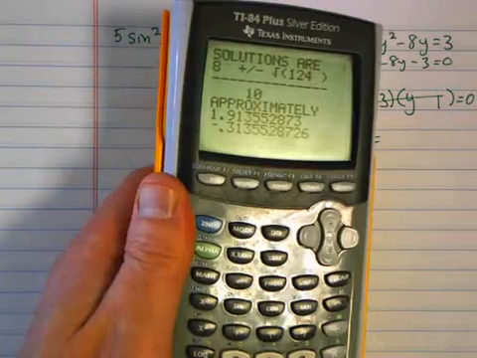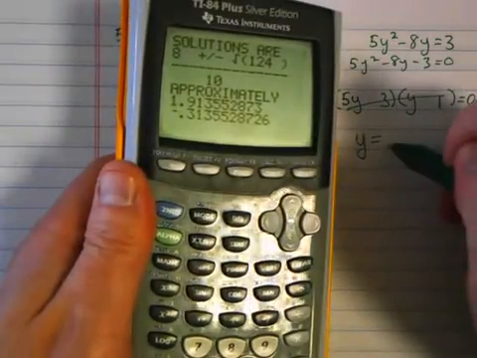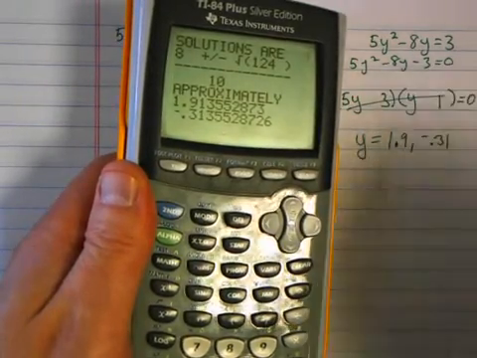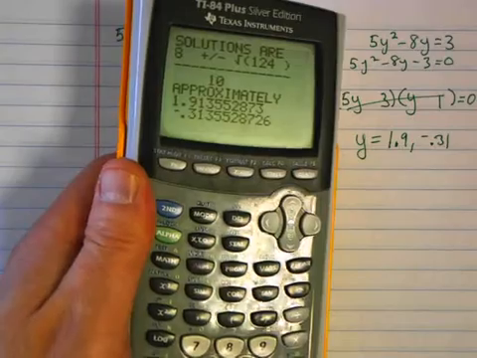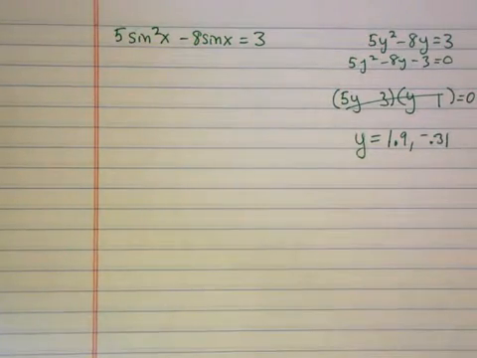All right, so 1.9, -0.31. All right, now back to this problem. How is it different that instead of having a y squared and a y, I have a sine squared and a sine?